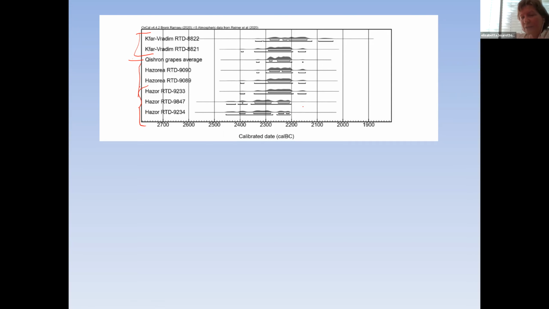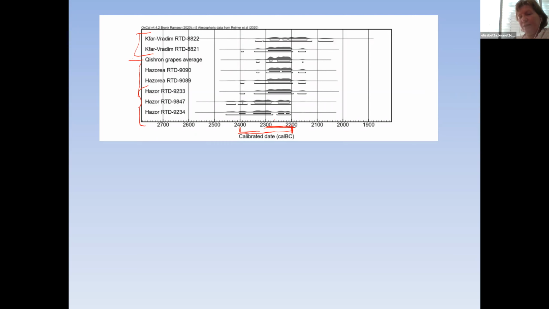In the calibrated range, they are between 2,200 and 2,400, but most of them are in these 100 years. So the different sites are very close in age and in the context where this pottery was found.